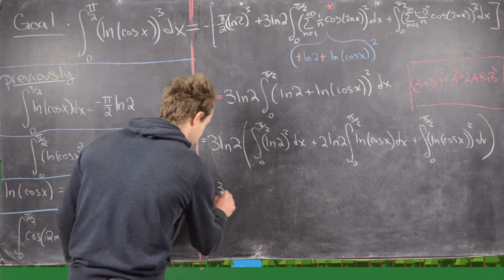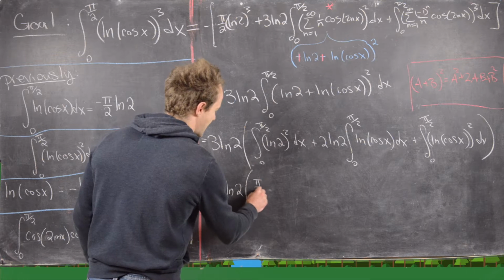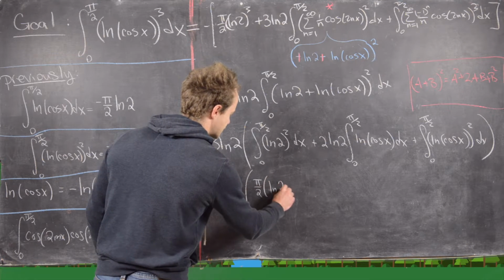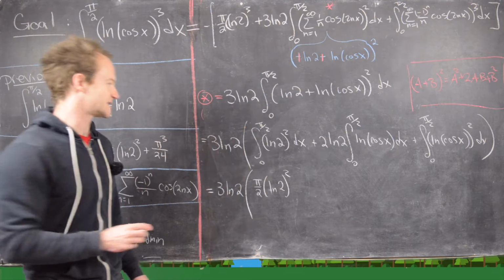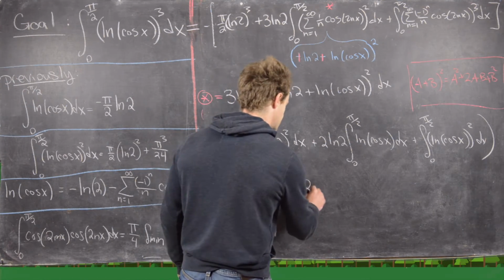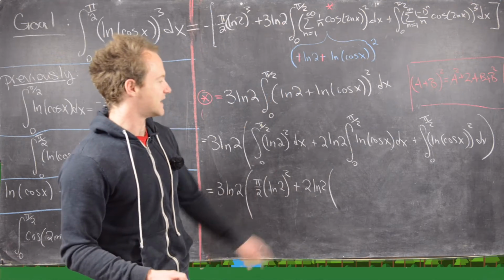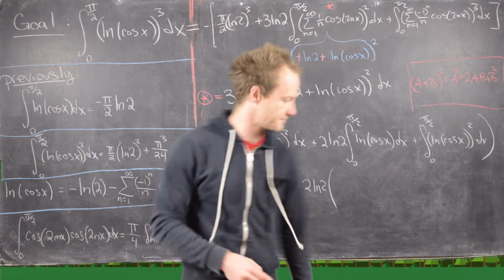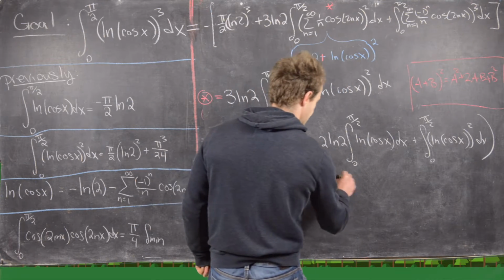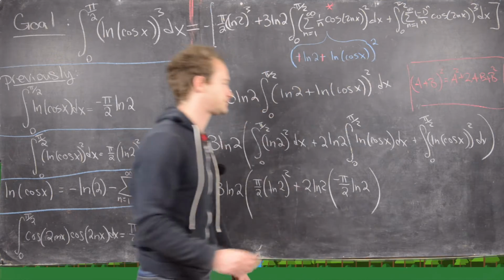So this turns out to be 3 natural log of 2, and then notice here we have pi over 2 times natural log of 2 quantity squared. That's easy to see because that's a constant, plus 2 ln 2, and then the integral of natural log of cosine x from 0 to pi over 2 is this guy right here. So it's negative pi halves natural log of 2.